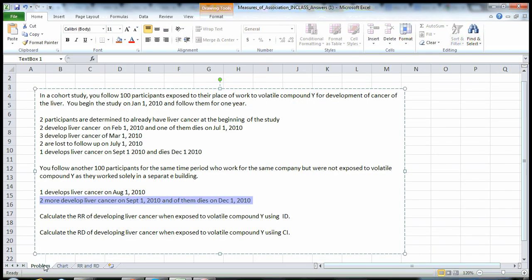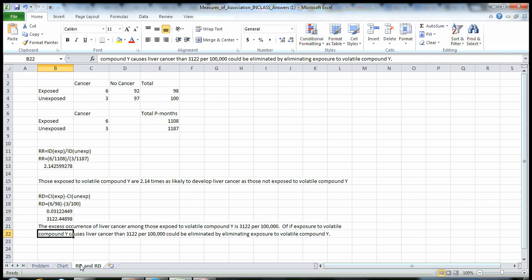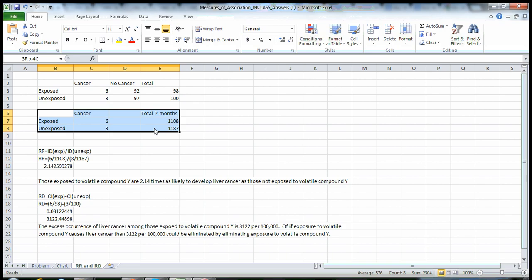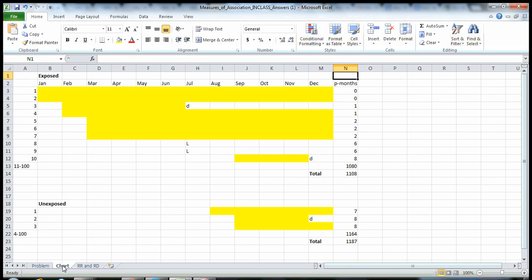The first thing we're going to do is calculate the relative risk of developing liver cancer when exposed to volatile compound Y using incidence density. So the first thing that we want to do is set up the appropriate 2x2 table. So here you see we've got that right here. In our exposed group, we want to figure out how many new cases of cancer there were.